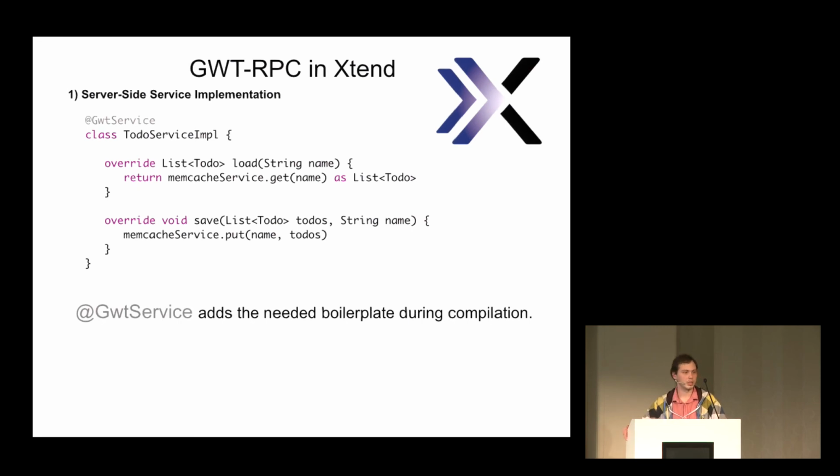But what I also like is that it improves your user experience. You saw that if I select the save method and say find references, then I will find all usages of the async interface. We didn't try the open call hierarchy, but I guess that will be seamless as well. So yes, call hierarchy will show that you call the save method on the server side from the client side.